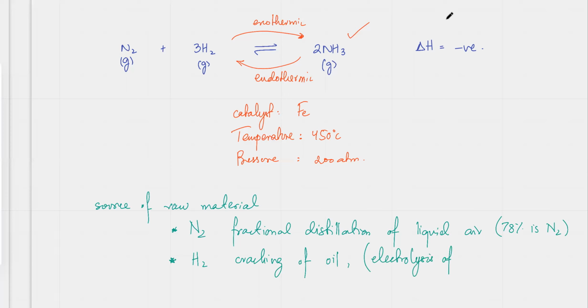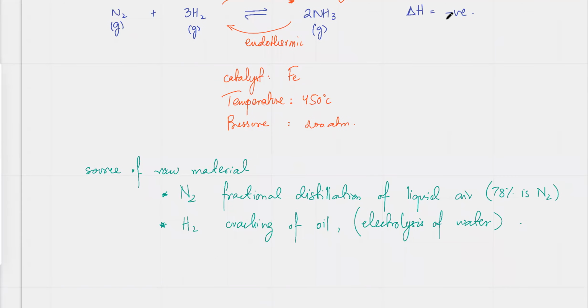Electrolysis is kind of expensive, so usually we just depend on cracking of oil. You get it from oil that you obtain from the Earth's crust and extract hydrogen from that. The process will be discussed later on in organic chemistry.